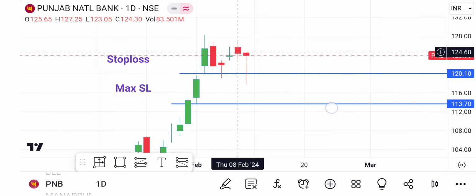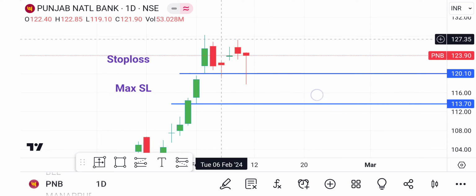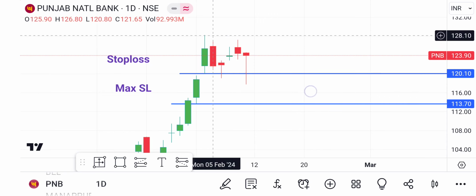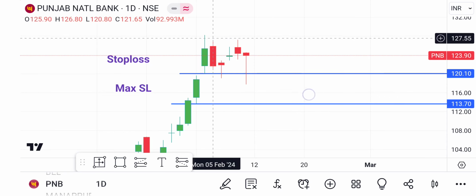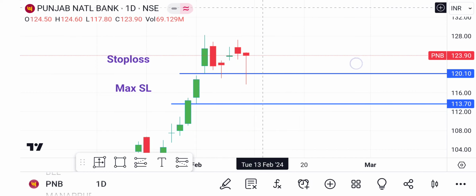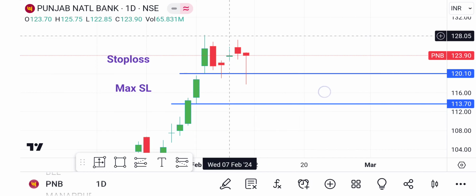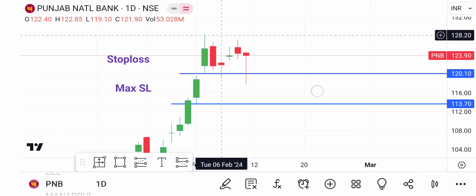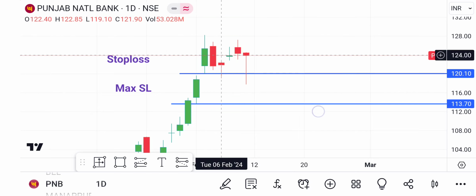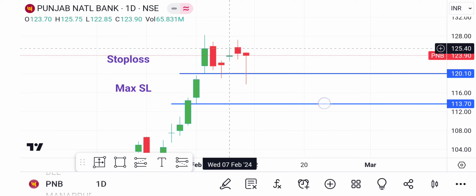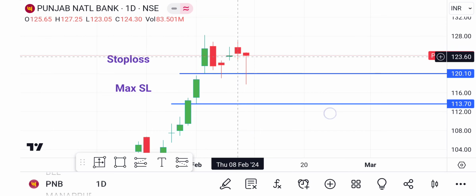This is one method. Suppose the market is not retracing from here, it is going up just like this in a very fast way, you will only get profits on that 5,000 which you had initiated. But in case the loss is happening here, you will only lose 8 points.